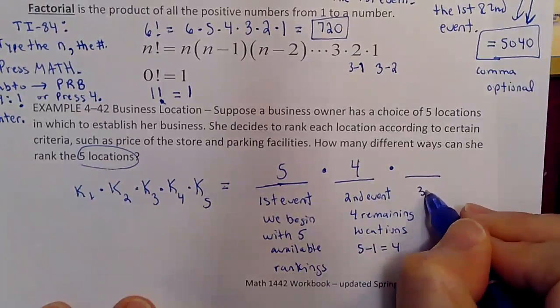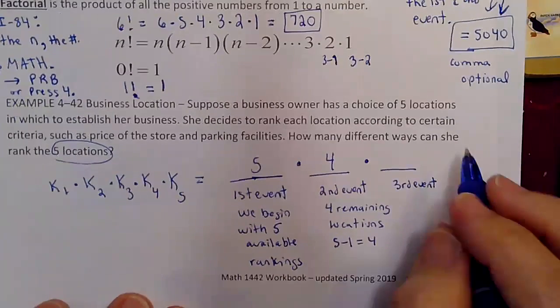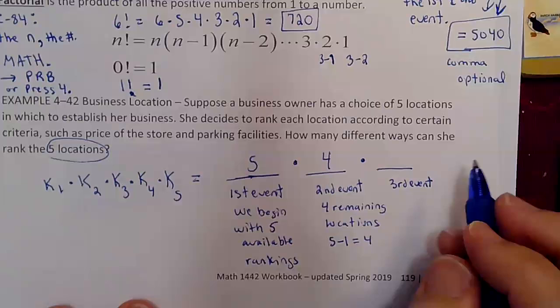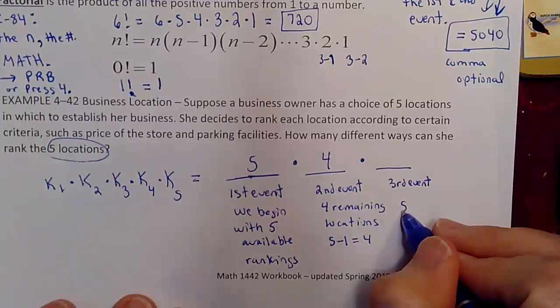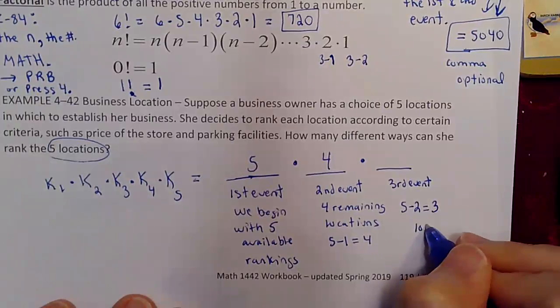And then the third event is going to be after she ranks those 2. Now she's got 5 minus 2, so now she's got 3 locations to choose from.